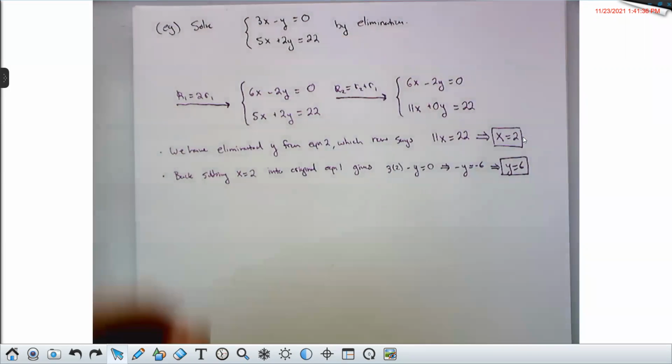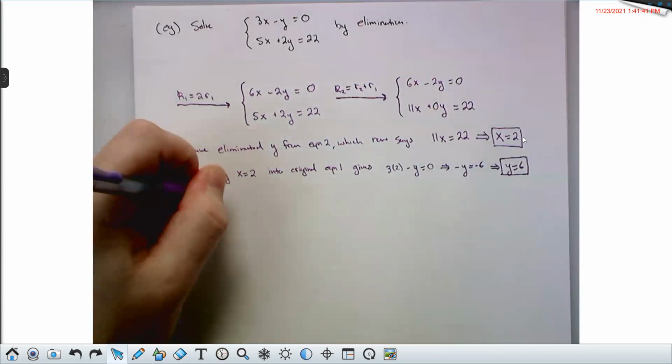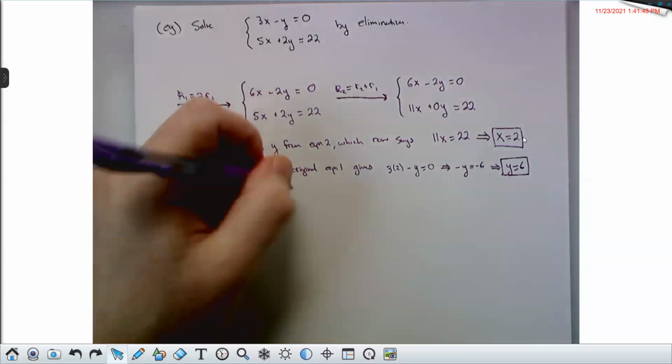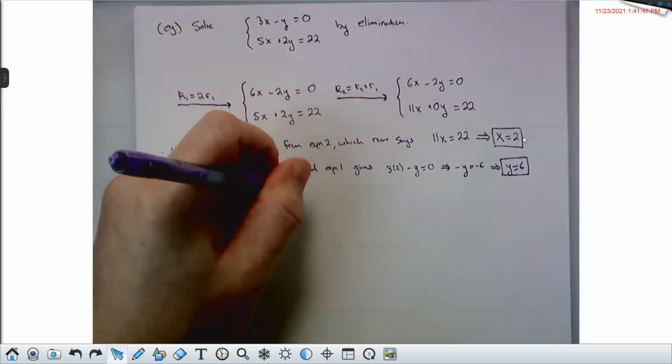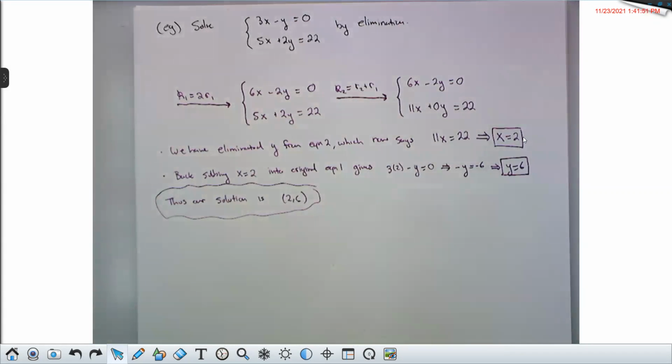So that's it. Thus, our solution is the point 2, 6. So this system had a unique solution, one point where those lines cross.